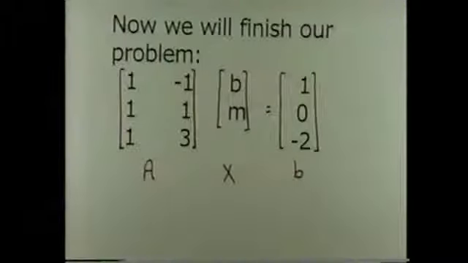Rather than doing all the work by hand, I went to Derive, and I authored the A matrix: 1, 1, 1, negative 1, 1, 3. I authored the B matrix: 1, 0, negative 2.